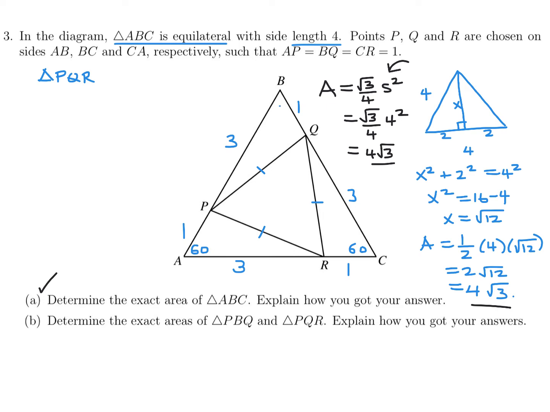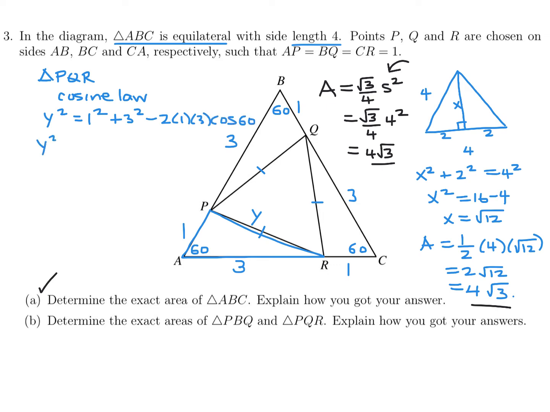ABC is equilateral. So I guess you can use cosine law, right? And this is a grade 11 test, so you guys definitely would have learned cosine law. So let's use cosine law on any of these triangles. Let's just use it on this one here, PAR. And the side length, I will just call y from P to R. So using the cosine law, it would be that y squared is equal to 1 squared plus 3 squared minus 2 times 1 times 3, and then the cos of 60.